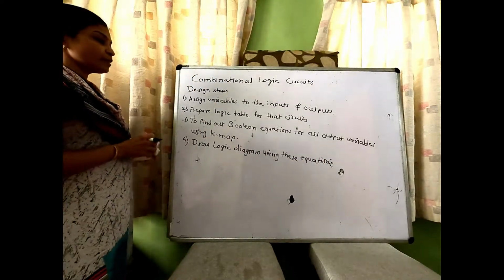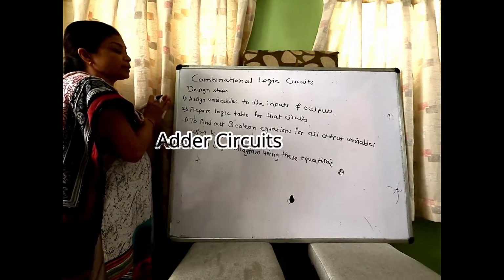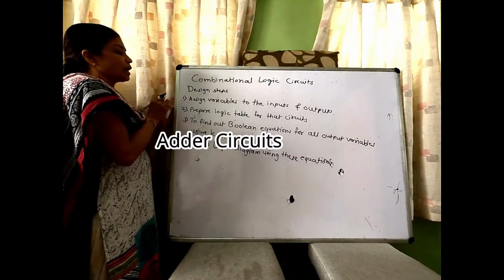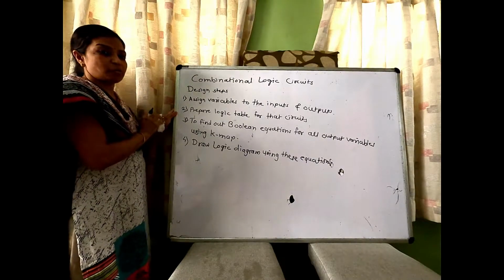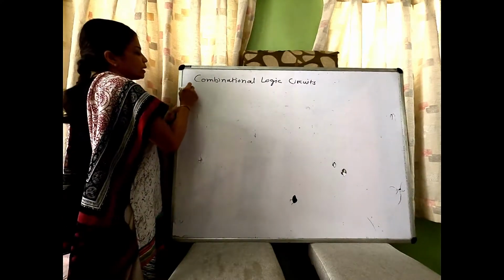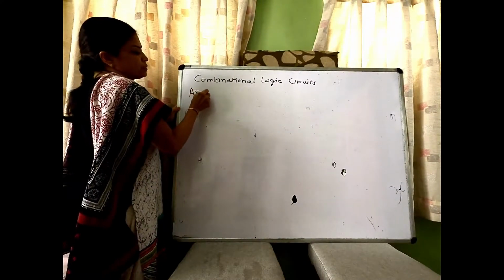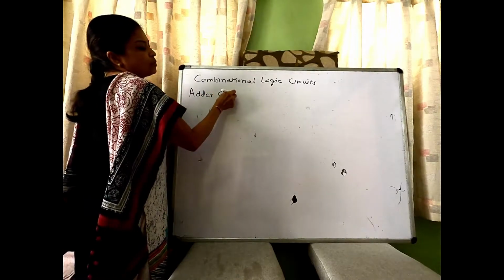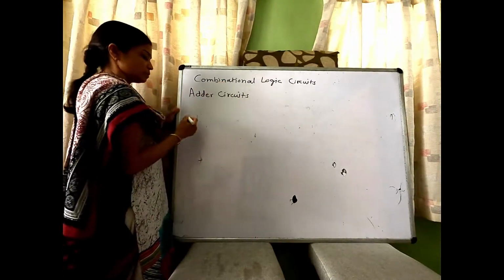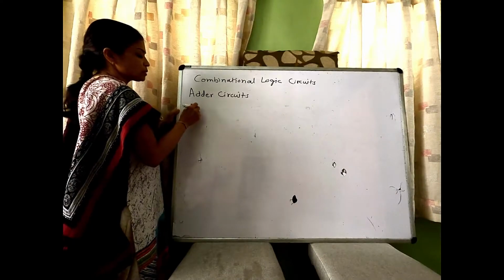So first of all, we will go for the design of the adder, as half adder as well as the full adder. In the adder circuits, we will use addition rules.